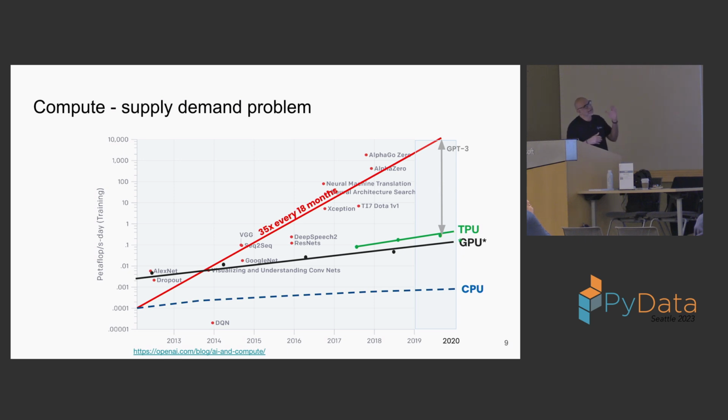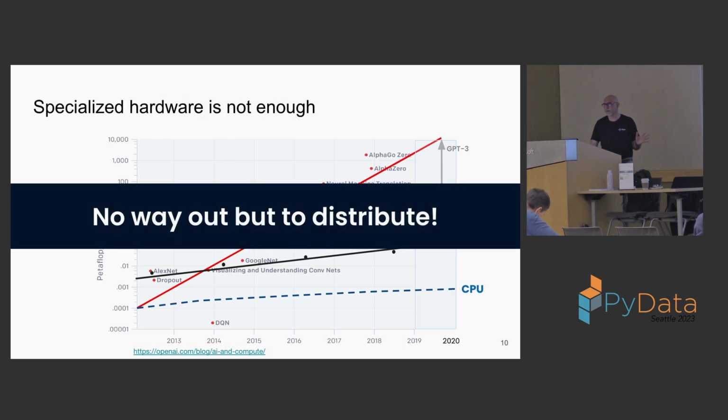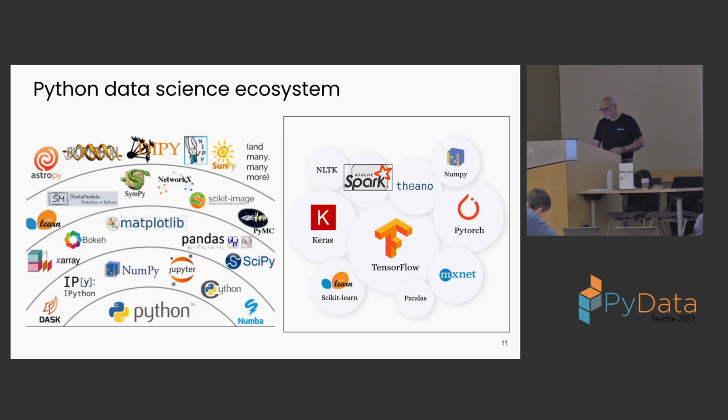But if you look at the scale at which compute power is needed, it's about 35x every month. And there's a huge gap between what today's accelerators can provide you and what the demands of these models are. And we contend that the only way you can do that is if you go distributed, right? You only have to distribute, otherwise you just can't do it. You have to go across the entire cluster.